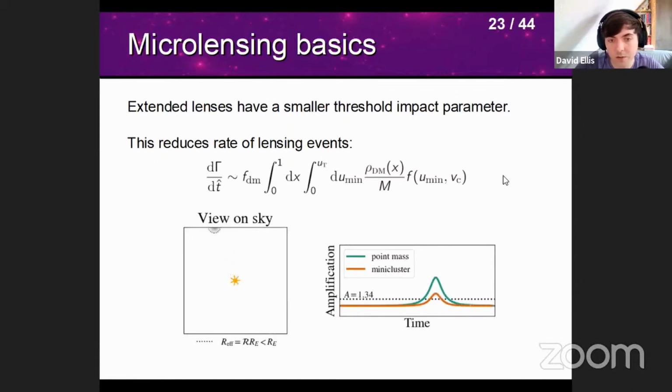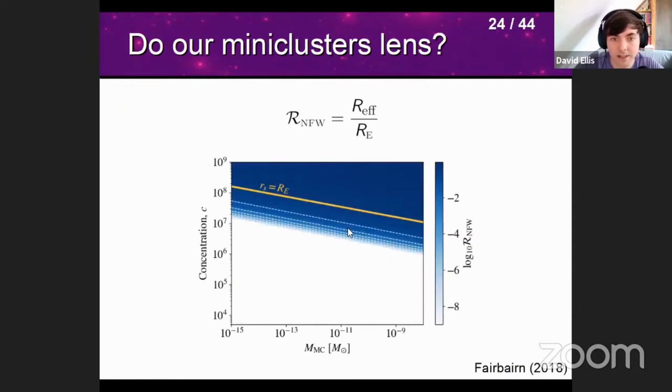So what we can do is we can effectively map what we expect from miniclusters in terms of lensing onto primordial black hole constraints by calculating the ratio of this effective radius to the Einstein radius of that object. And we can do that for each concentration and mass, and we can get a sort of lensing potential graph that looks something like this.